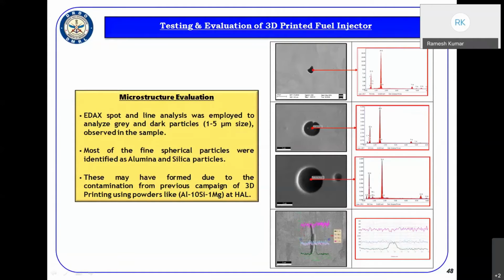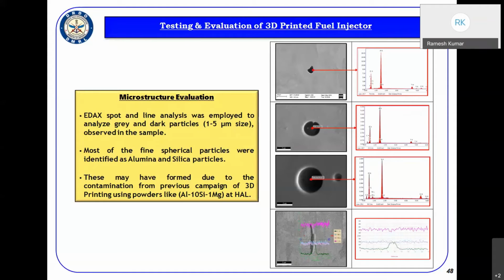Since iron 709 has neither alumina nor silica, what we have concluded is that these may have formed due to contamination from the previous campaign of 3D printing using powders like alumina, silica, and magnesium at HAL. This information has been passed on to HAL. It is very important when you are transferring from one campaign to another.